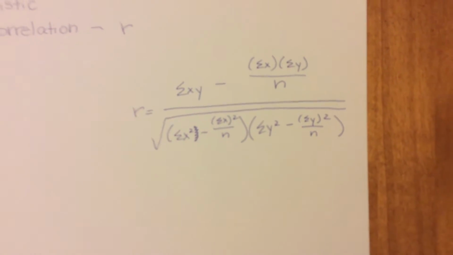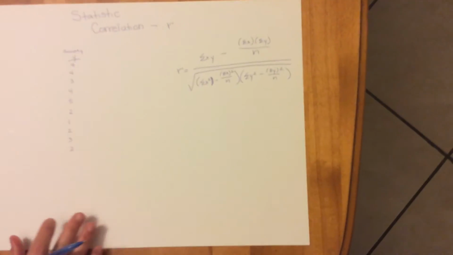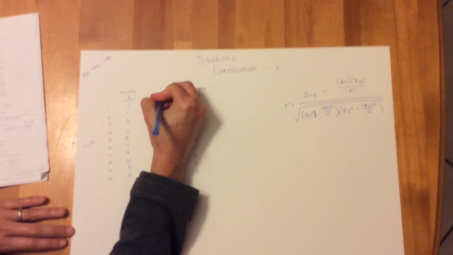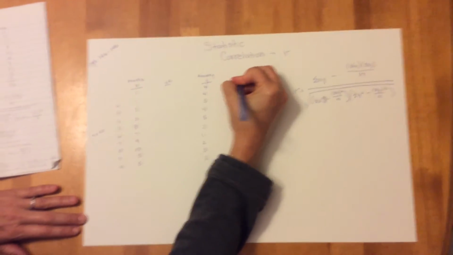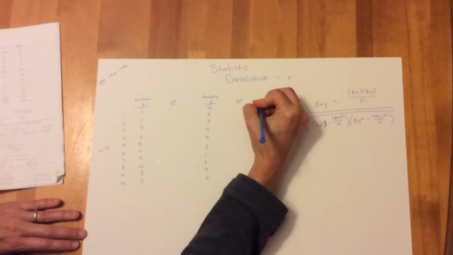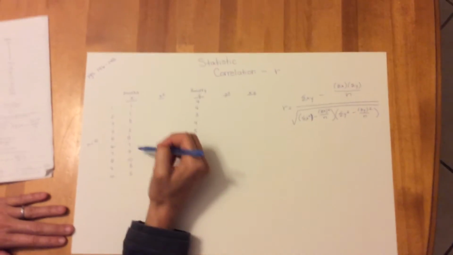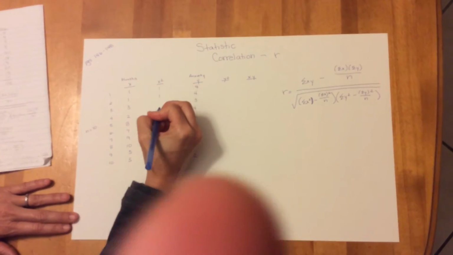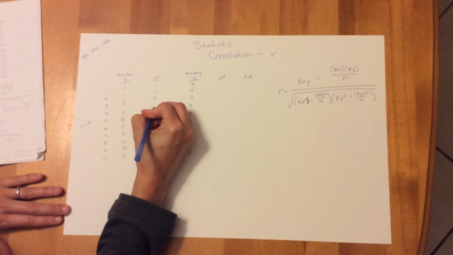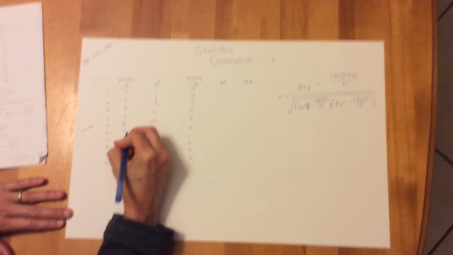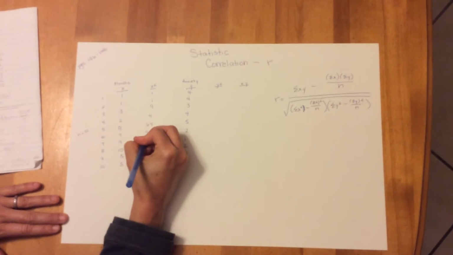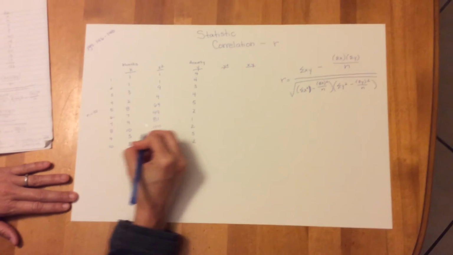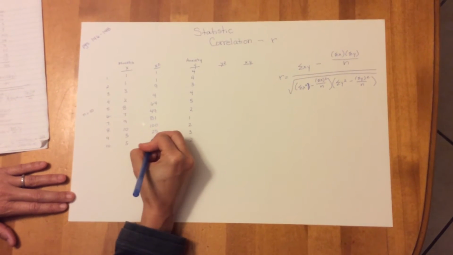It looks very cumbersome, but it's really not that difficult. You need 3 extra columns over here. You need an x squared column, you need a y squared column, and you need an xy column. Basically for each of your x values, you're going to square them all. 1 squared is 1, 1 squared is 1, 3 squared is 9, 2 squared is 4, 8 squared is 64, 7 squared is 49, 9 squared is 81, 10 squared is 100, 5 squared is 25, and 5 squared is 25.